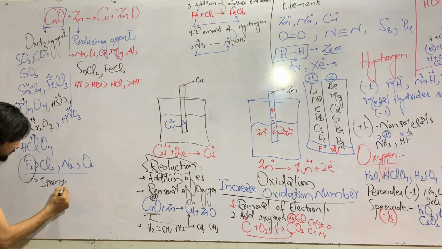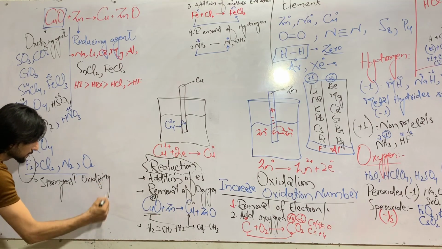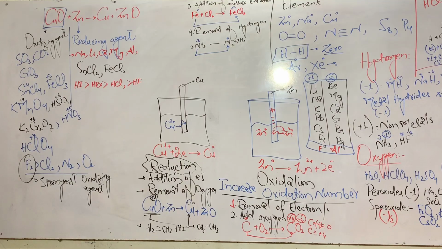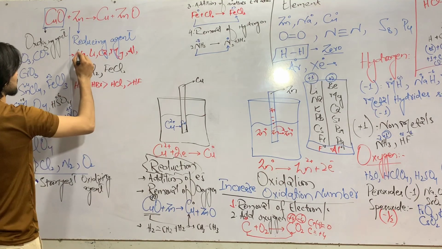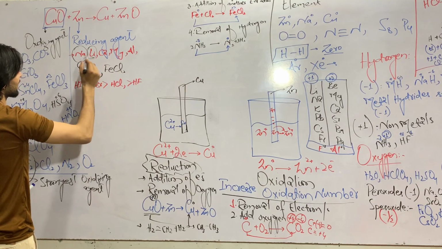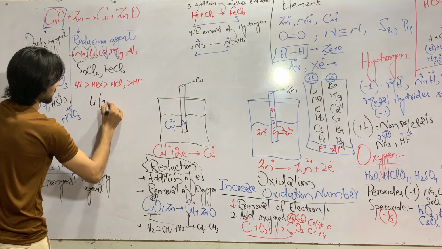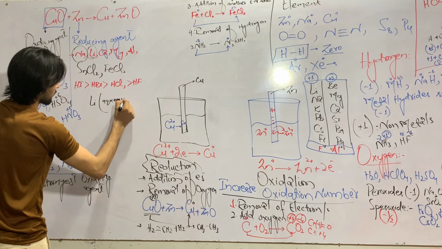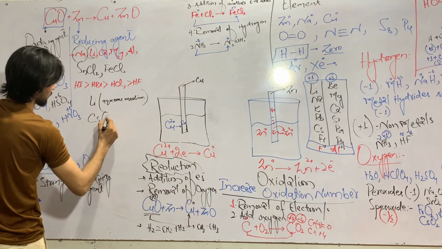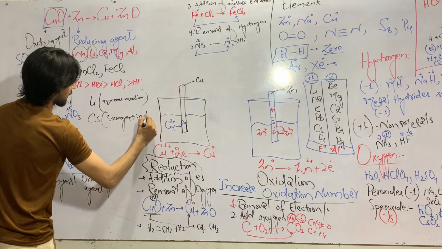And the strongest reducing agent is lithium in aqueous medium. But in dry condition, cesium is the strongest.